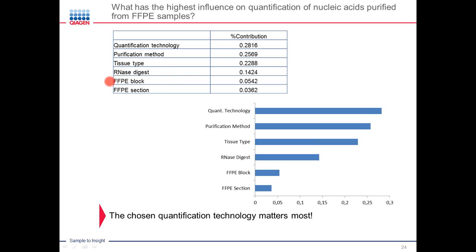But what was very clear is that what matters least is the FFPE block or the FFPE section. So the chosen quantification technology, at least in our study, mattered most.